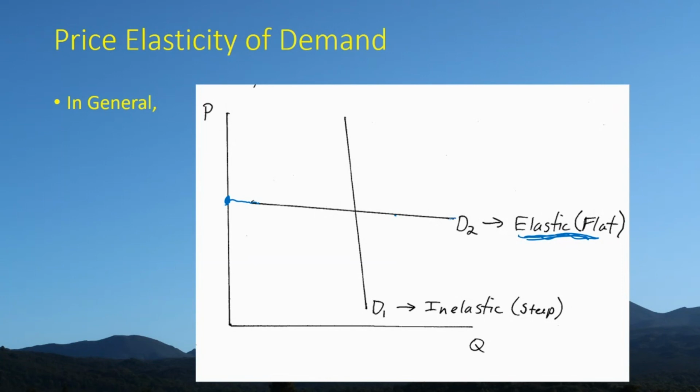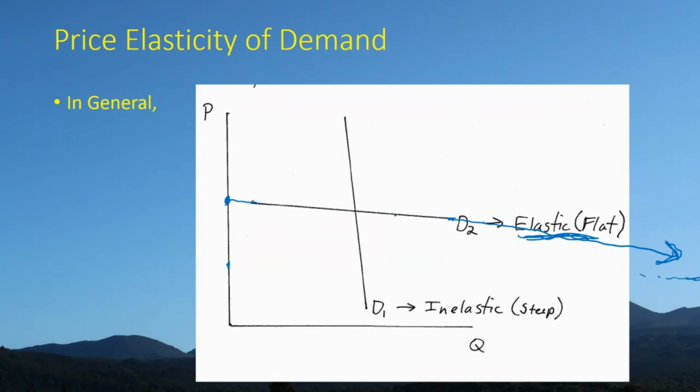And if we were to ask, well, where is the midpoint of this linear demand curve? The answer is that the midpoint is way out there to the right somewhere. Right? It's going to be halfway down here, and it's going to be way out here somewhere.